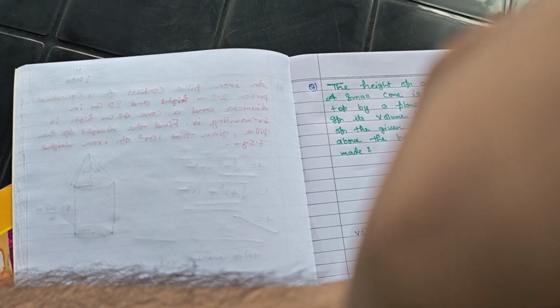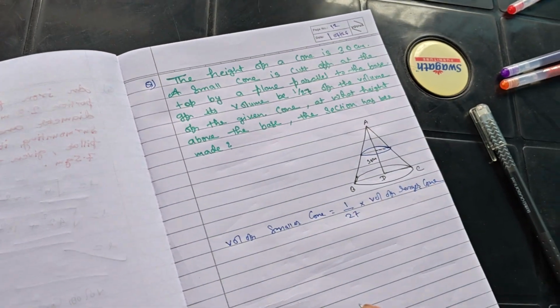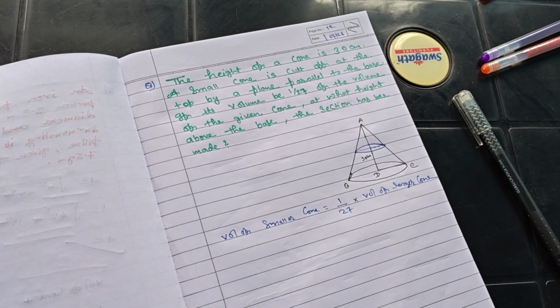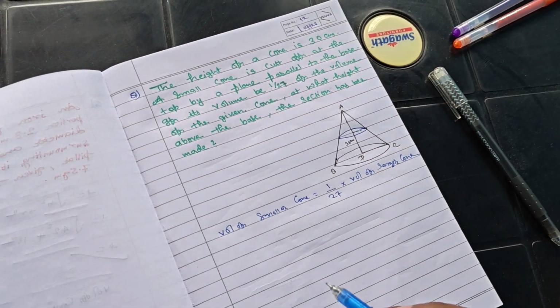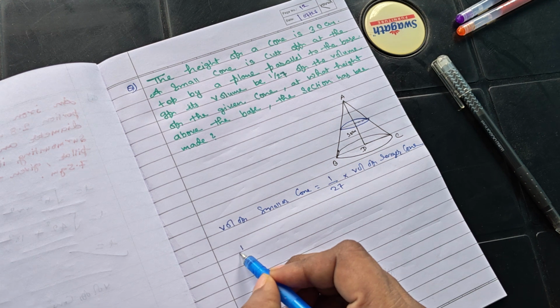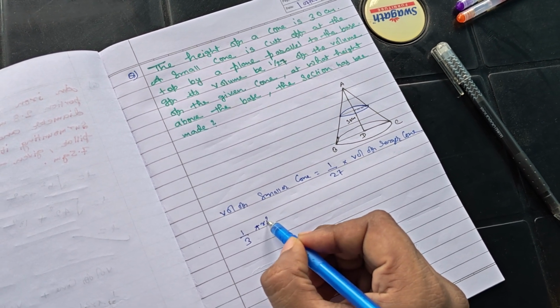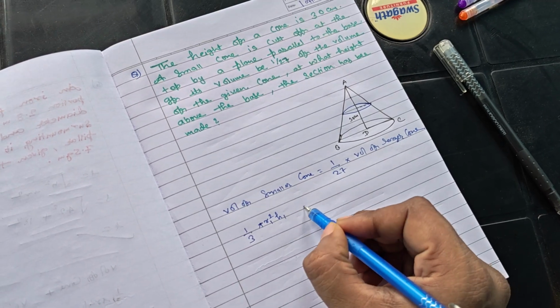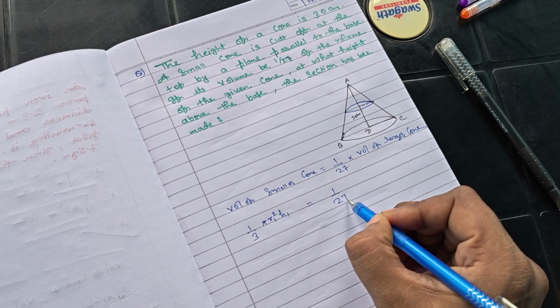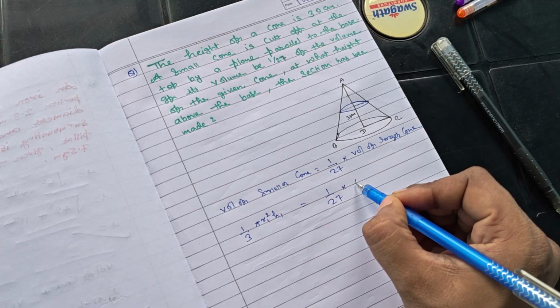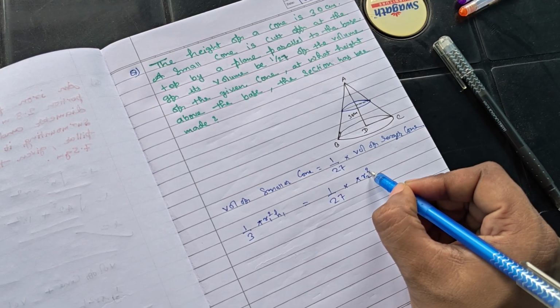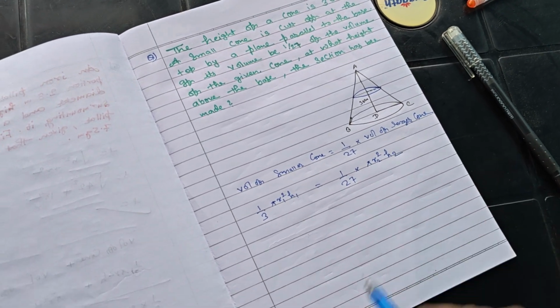And volume of a smaller cone is what? 1 upon 3 pi r1 square h1 is equal to 1 upon 27 of 1 upon 3 pi r2 square h2.